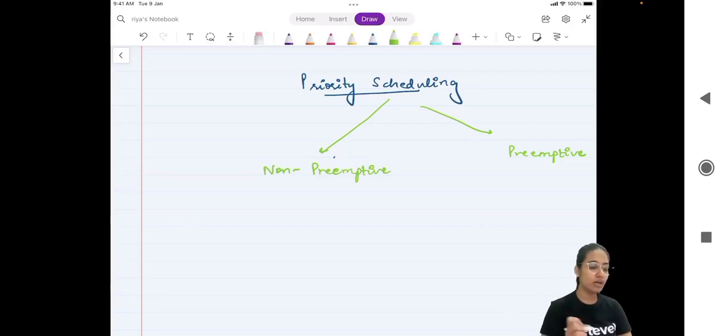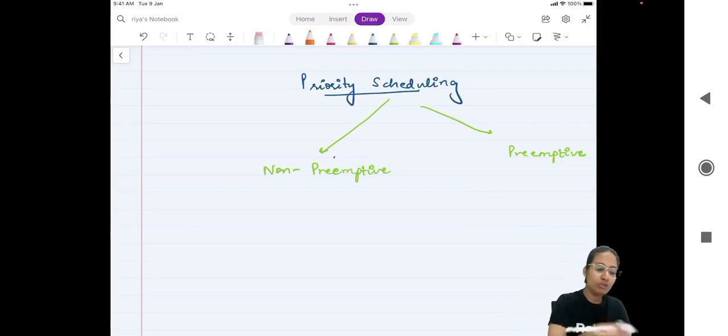Here in priority scheduling, we give importance to the priority of the process. Every process is scheduled according to the priority number. So every process will be given a priority number, and based on the priority number, you will schedule the processes.